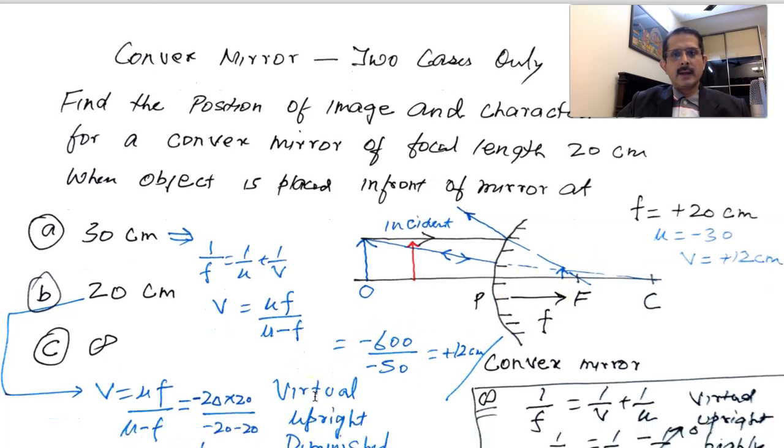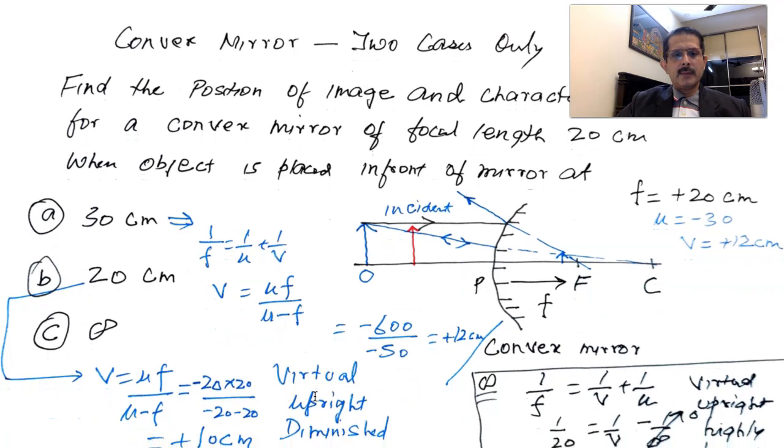Okay, now let me move a bit ahead and quickly solve exactly the same thing with u equal to minus 20 centimeter. If we just put it, we get v is equal to plus 10 centimeters.